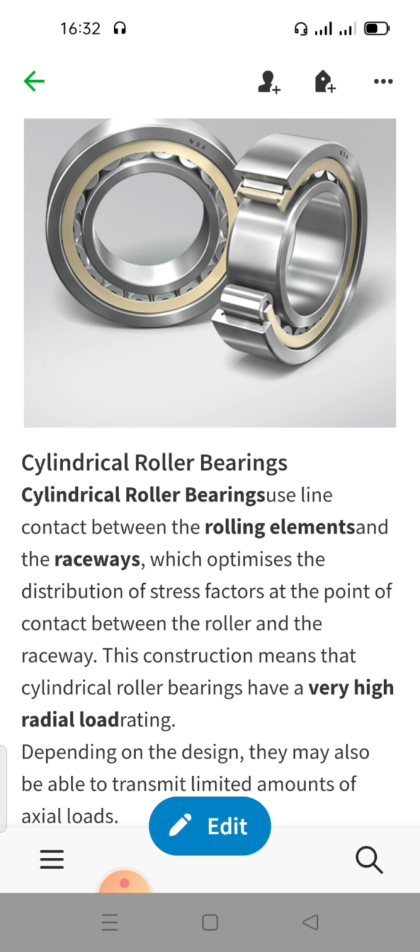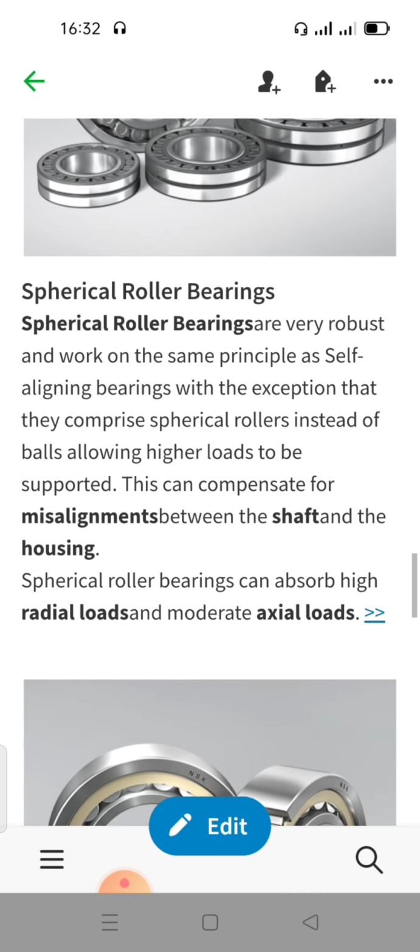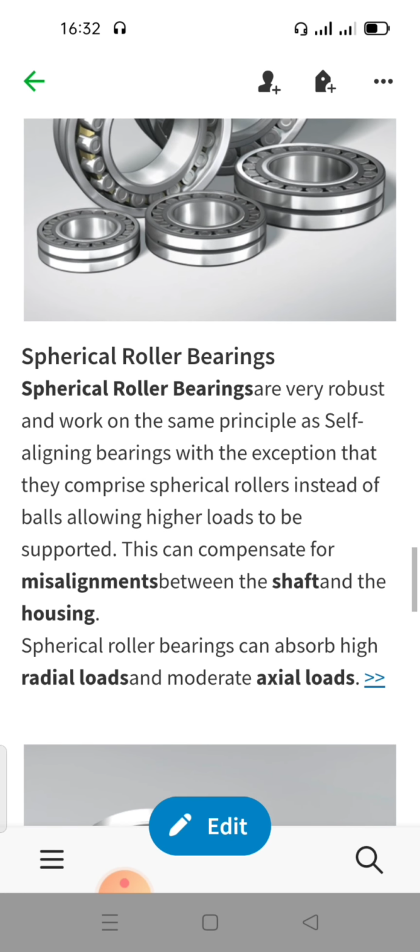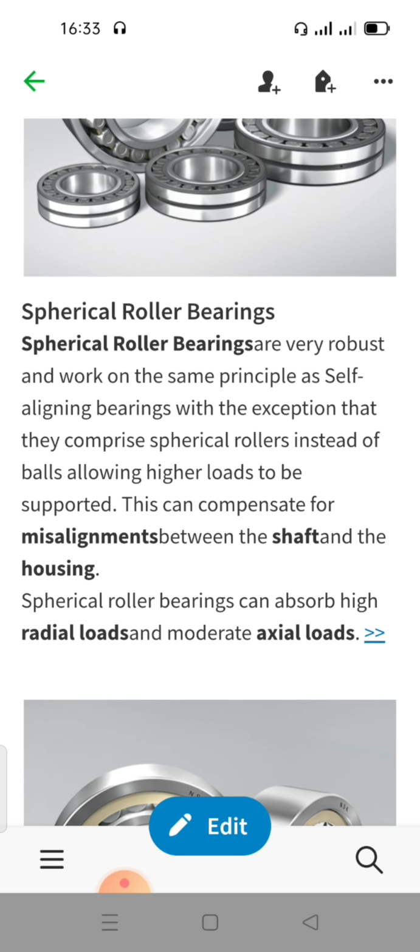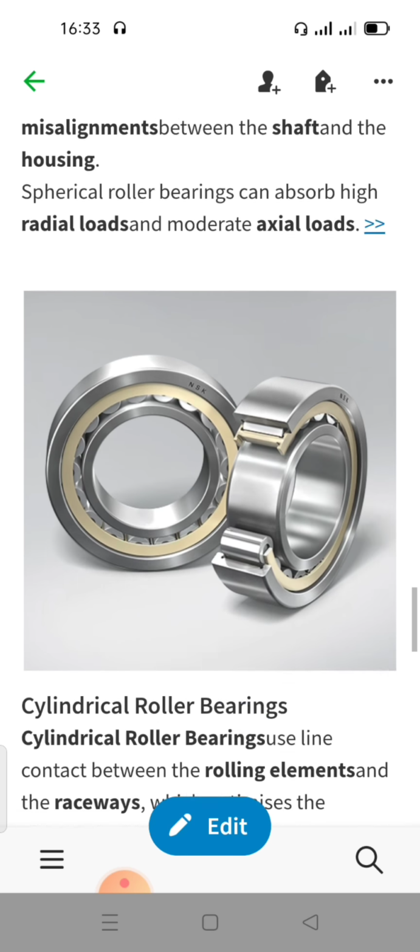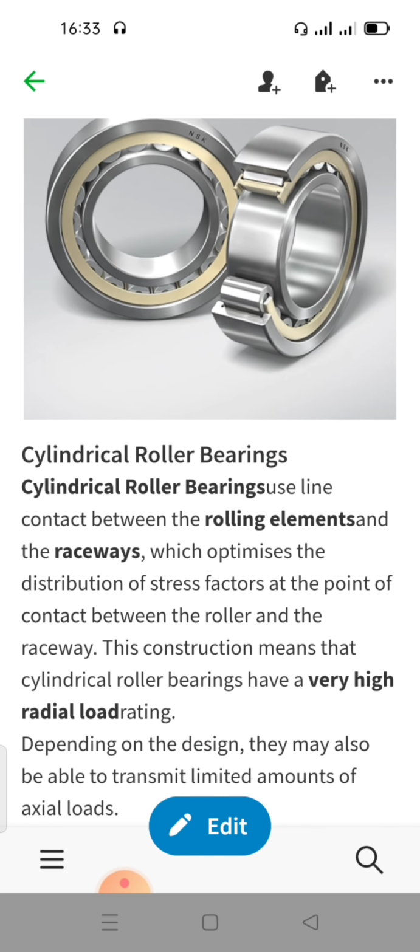A cylindrical roller bearing got more contact than a spherical roller bearing. Okay, this spherical roller bearing generally can compensate misalignment. But when you come to cylindrical roller bearing, it can absorb a much higher radial load than spherical roller bearing, but it cannot compensate the misalignment.